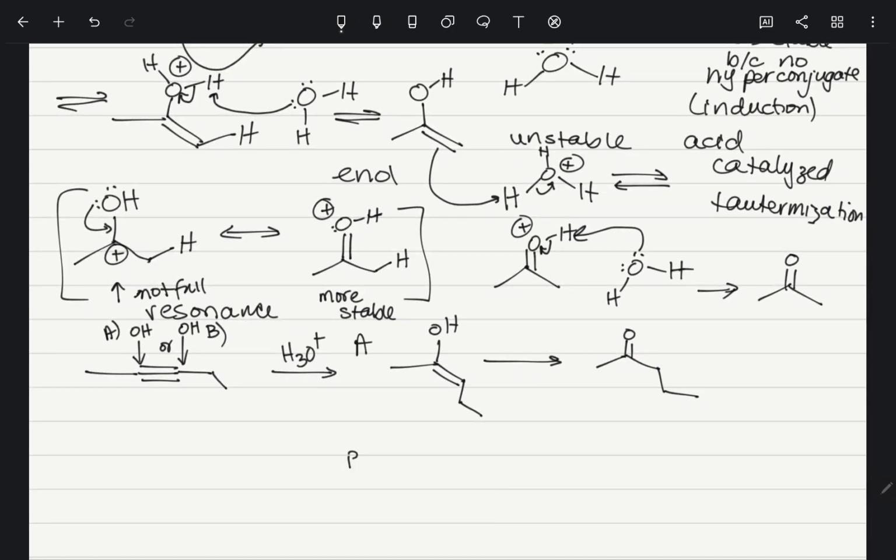If I do B, wherever your OH is, you're going to tautomerize. So you're going to end up with 2 products.